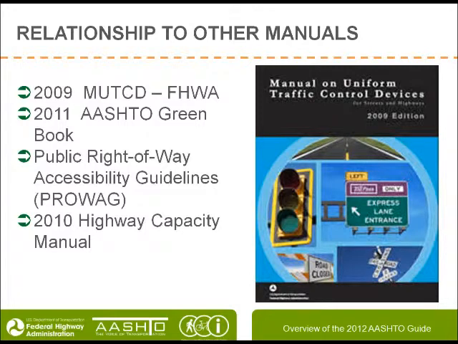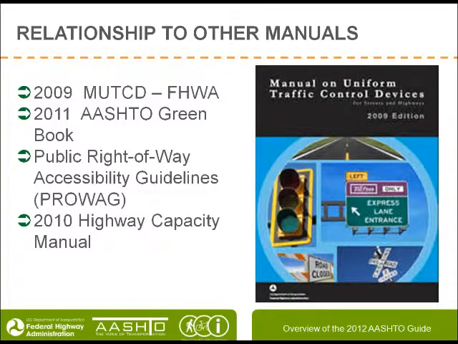Okay, so obviously the bike guide is one manual, and it certainly supplements a number of other guidelines that are out there. Just to give you a sense of how it relates to those, there's the 2009 Manual on Uniform Traffic Control Devices, which is published by the Federal Highway Administration.